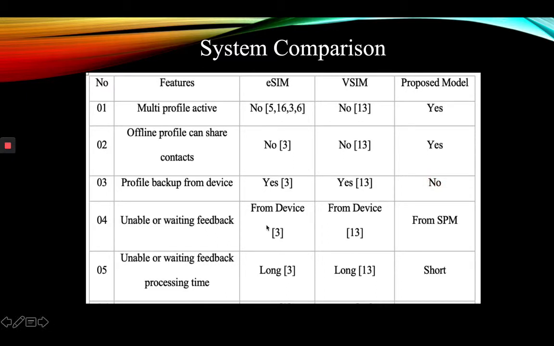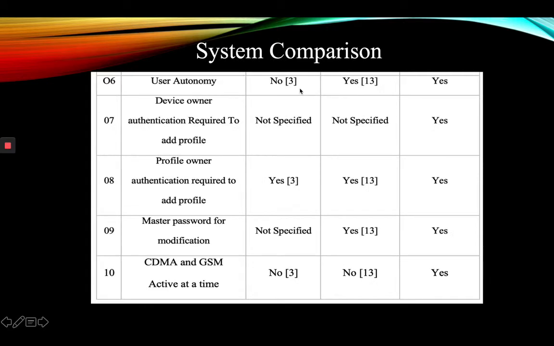eSIM and vSIM send the enable or waiting feedback to the end device. The enable or waiting feedback processing time is long in both eSIM and vSIM, but in our proposed model it is short, as we process this request from the SPM. eSIM does not consider user autonomy, but vSIM and our proposed model consider user autonomy through internet access with the SPM server.